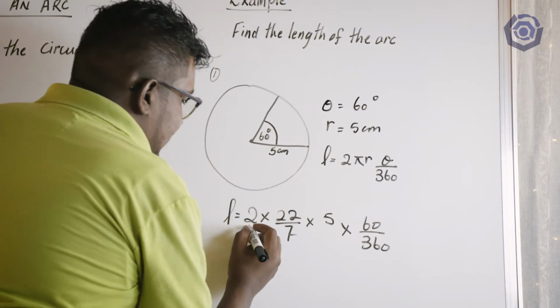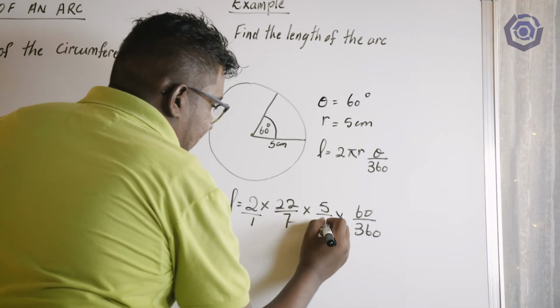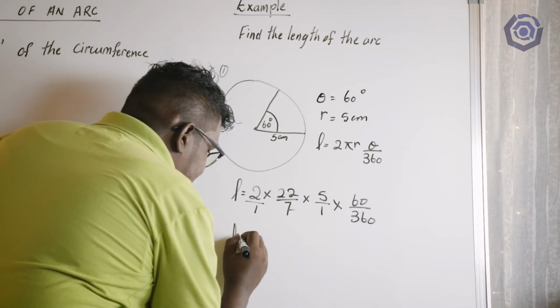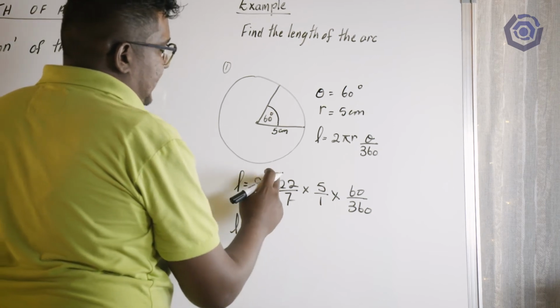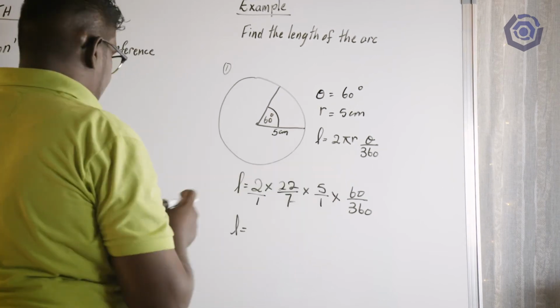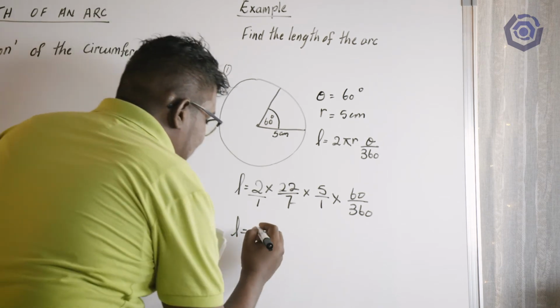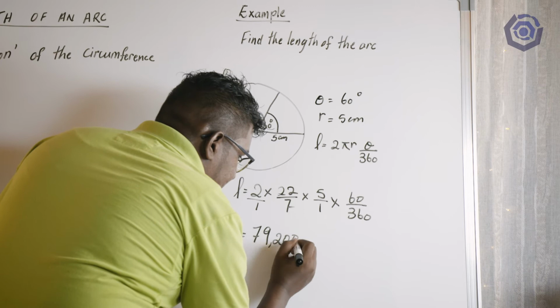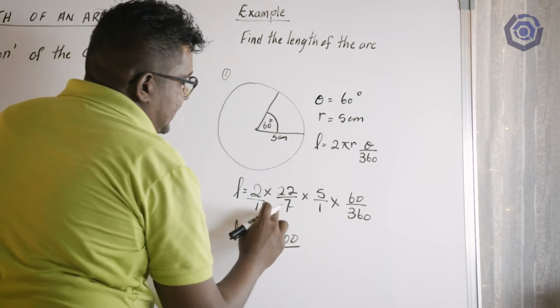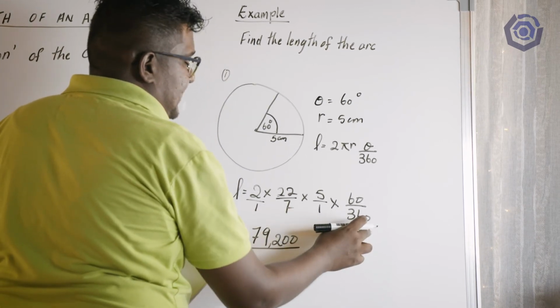Make our whole numbers into fractions, we put them over 1. L is equal to, we multiply all our numerators. That would be 2 times 22 times 5 times 60, and that's going to give me 79,200. Divided by 1 times 7 times 1 times 360.